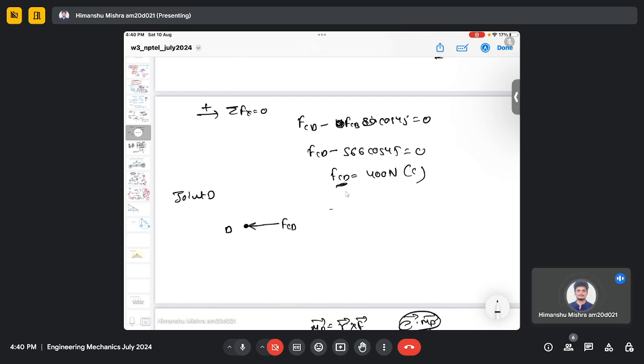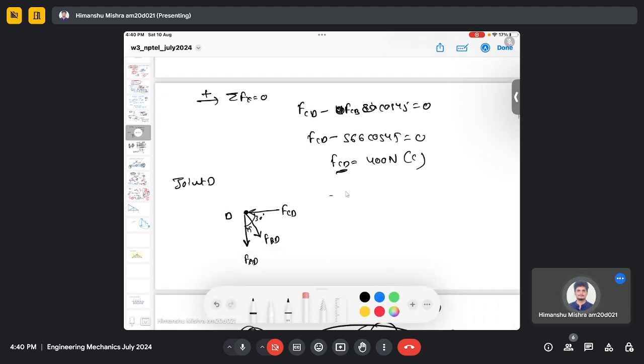This is force CD, this is force BD, and this is force AD. It's 15, it's 30. Now we need to define a coordinate system. First let me correct it on this.